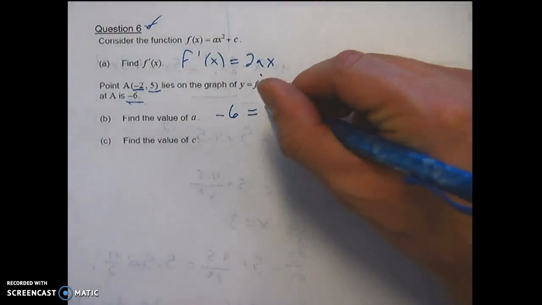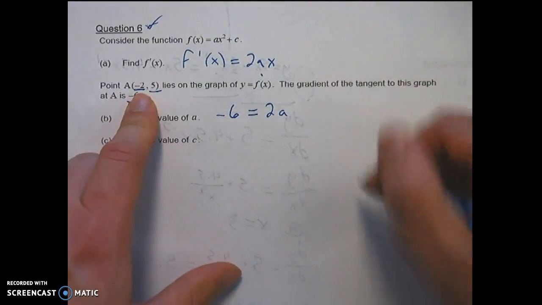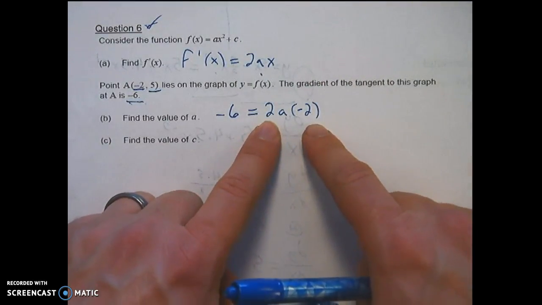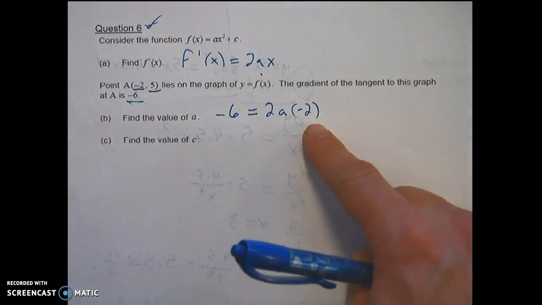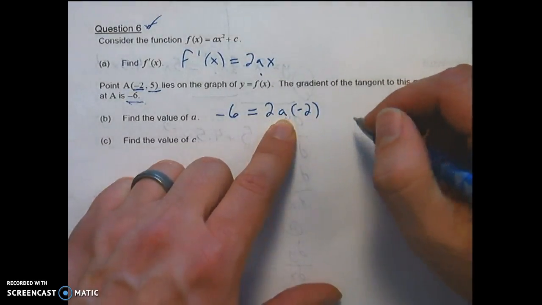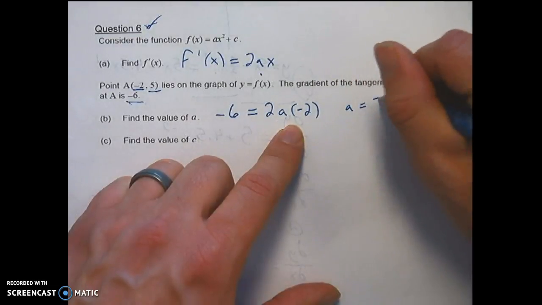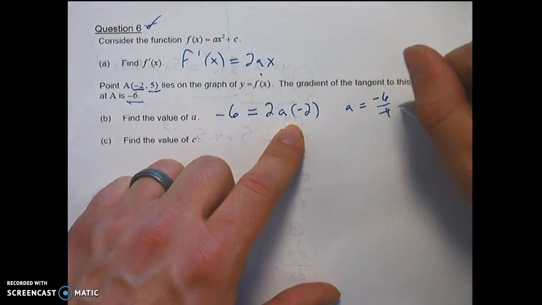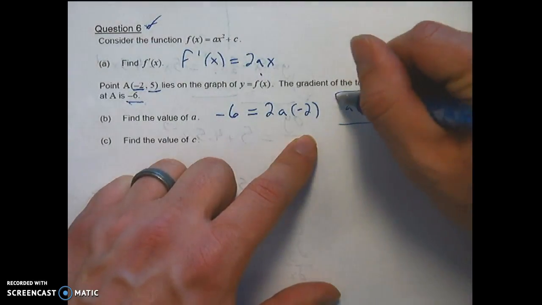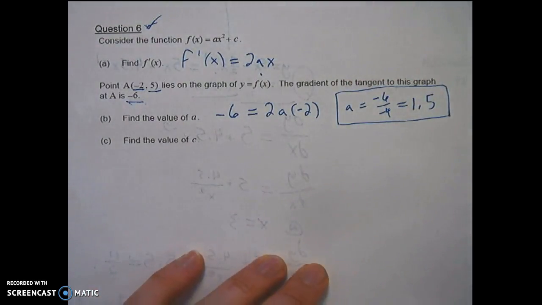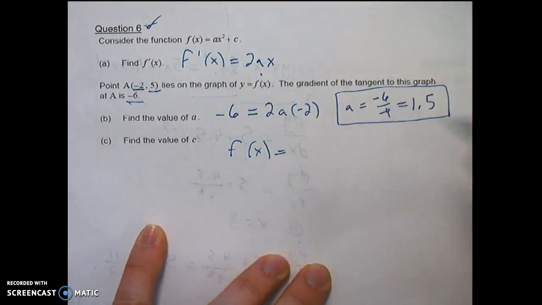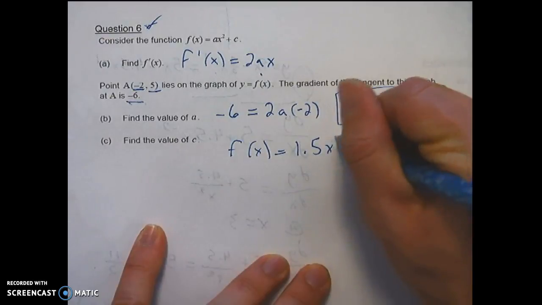Negative 6 equals 2 times a, and then I'm going to plug in the x that I've got of negative 2. So 2 times negative 2 is negative 4, and to get a by itself, it should just be negative 6 divided by negative 4, which is 1.5. To find the value of c, I now know that f of x equals 1.5 x squared plus c.